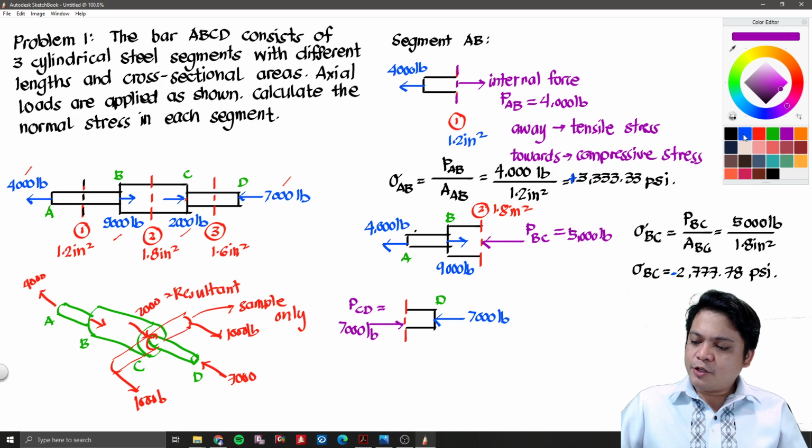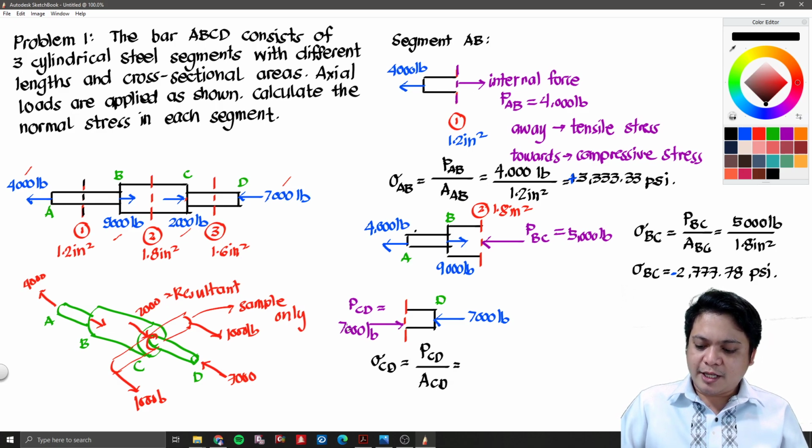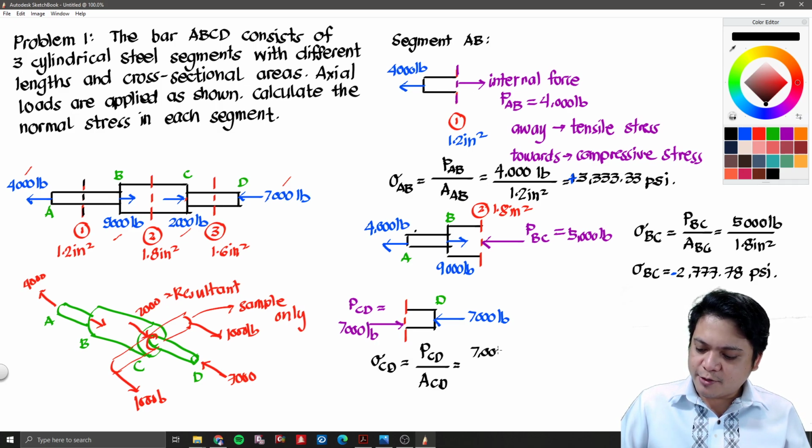Okay? So, pwede na ngayon ako makapag-have ng stress ng CD. And that is just equal to the force on the CD all over area of the CD. So, ang force natin internal, ito po yung kulay violet. So, we will be having here 7,000 pounds all over the area, ito daw yung area natin.